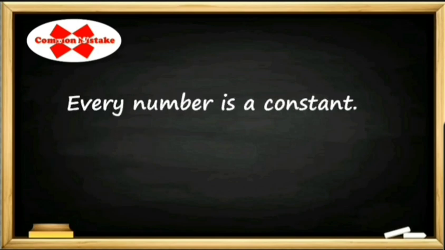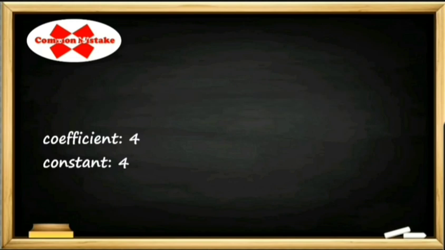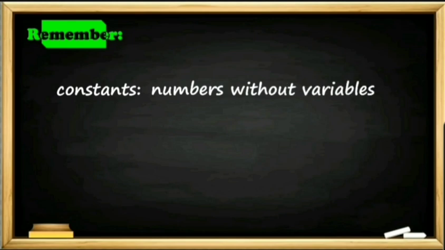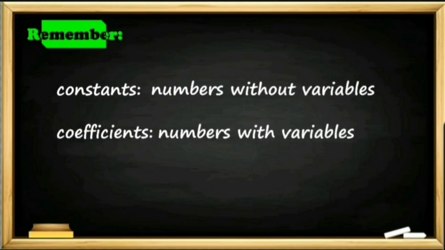Another common mistake is thinking every number is a constant. For instance, in 4n, 4 is not a constant, it's a coefficient because it multiplies the variable. So remember, constants are numbers without variables, while numbers with variables are coefficients.